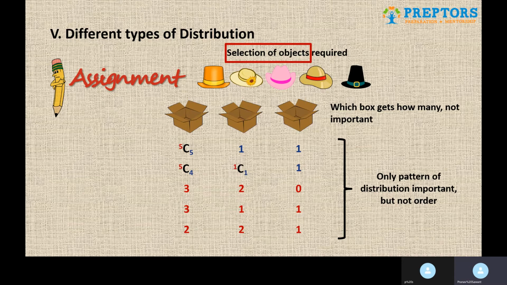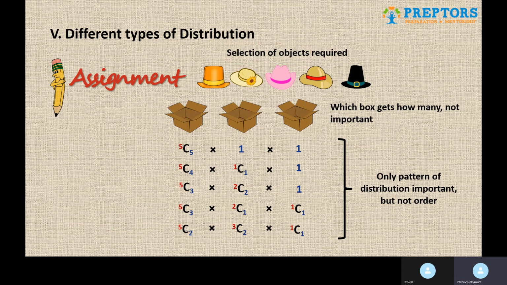In the next one it will be 5C3, 2C2 and 0. So the same goes on for all of these. Now guys, we will calculate. After calculating, the first will give you 1, second 5, third 10, 20 and 30.